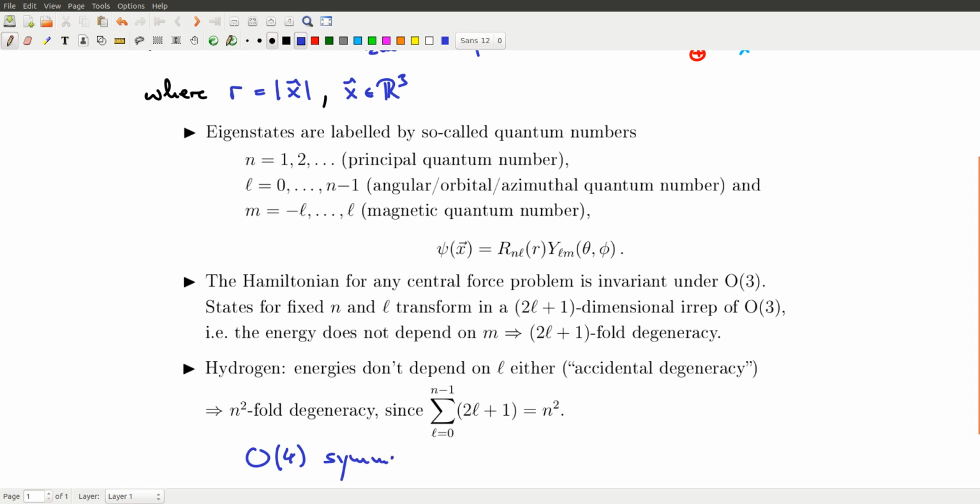And now if you look at this degeneracy from the representation theory point of view, then you would rather say that these subspaces with dimension n squared, eigenspaces of the Hamiltonian, carry irreps of some group O4 and not just of the group O3, which would lead to these degeneracies here.